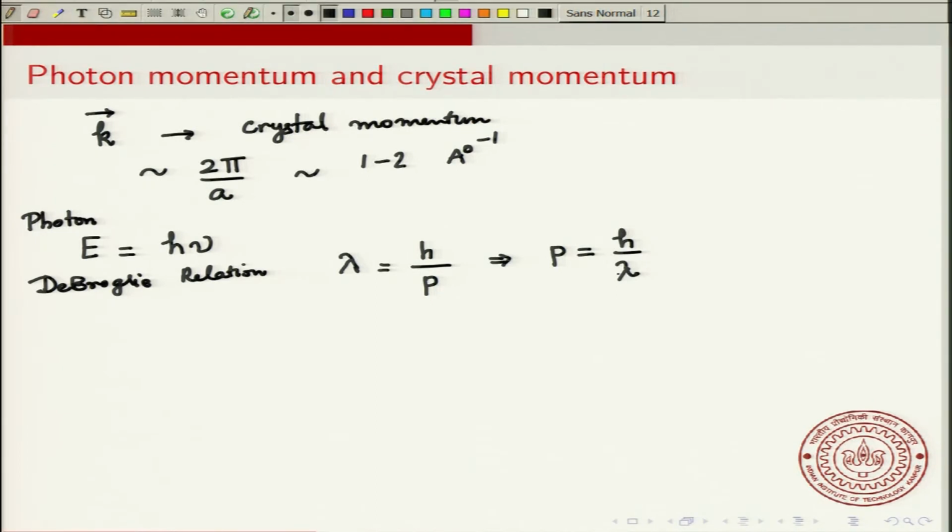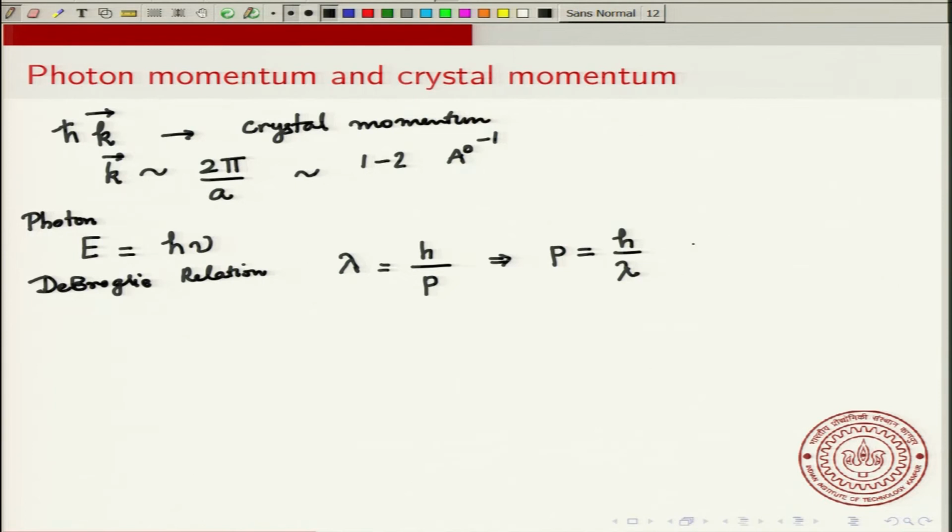So I should emphasize that it is not just k that is the crystal momentum, there is an h bar in this. And I will just say that k is of order this typical size. Coming back to the momentum of the photon, this is h by lambda.